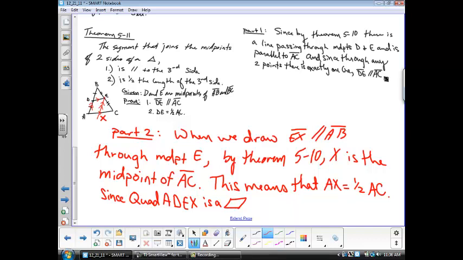DE then has to equal AX, which is half of AC. Into the proof to part 2.